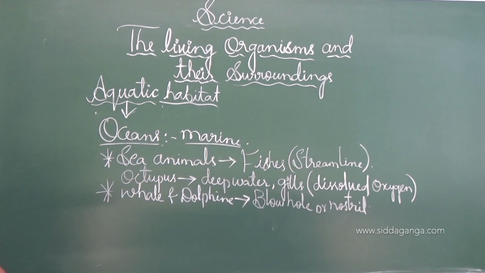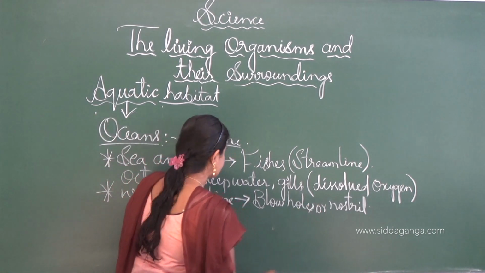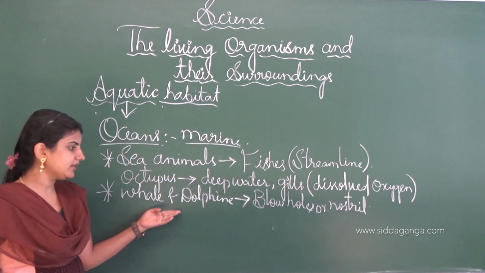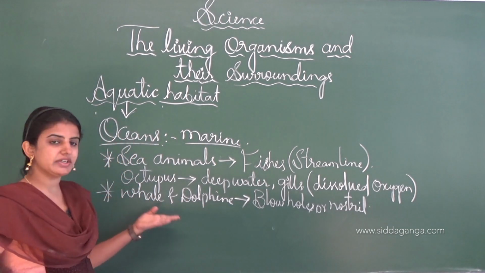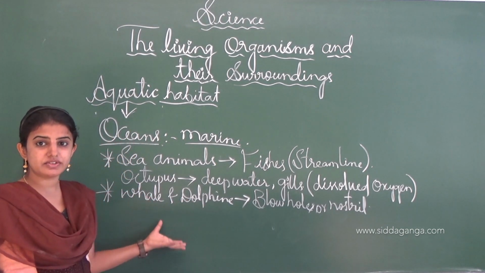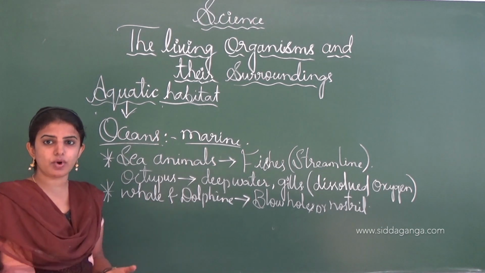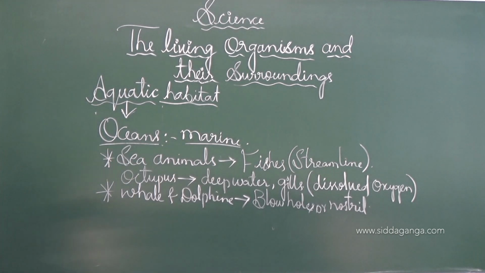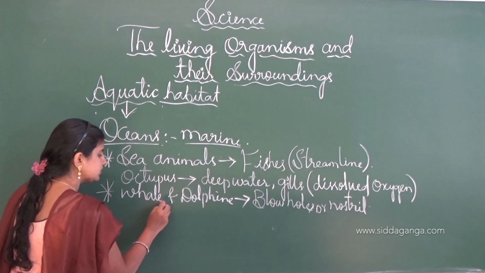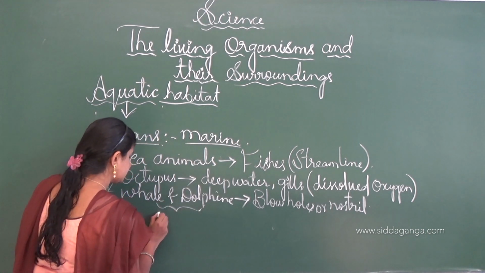Blowhole and nostrils are the respiratory organs of the whale and the dolphin. Usually these animals are found in the deep sea, and they will stay for a long time in the water by holding the breath.